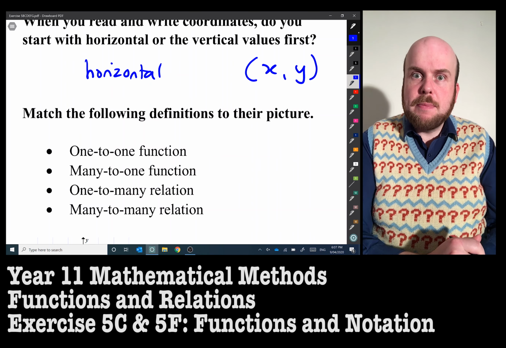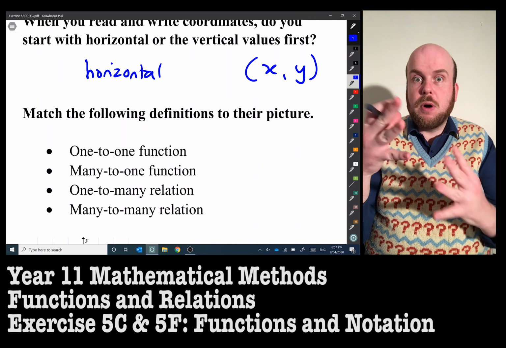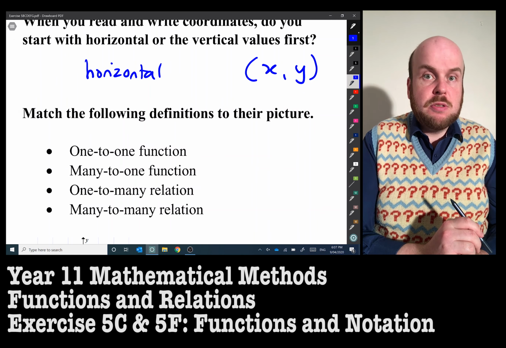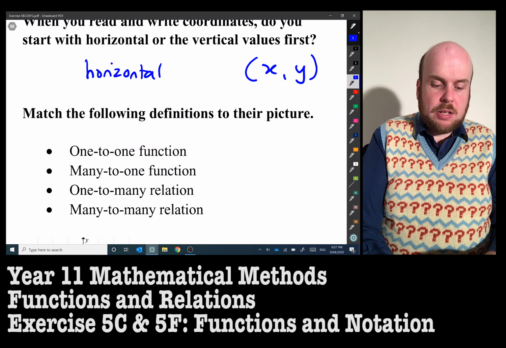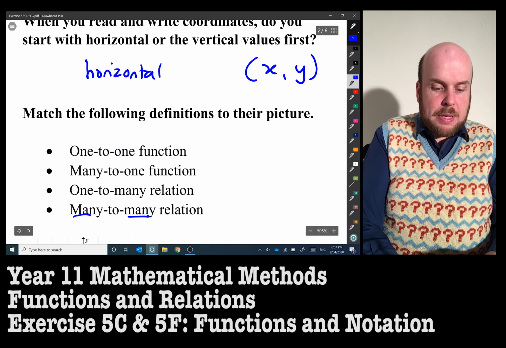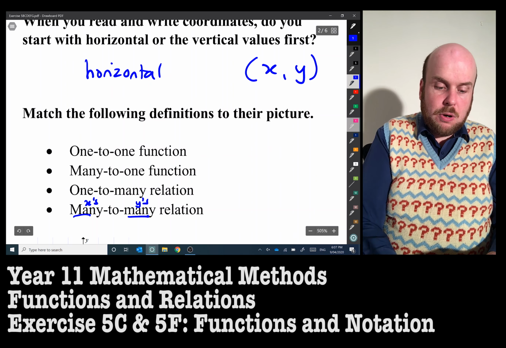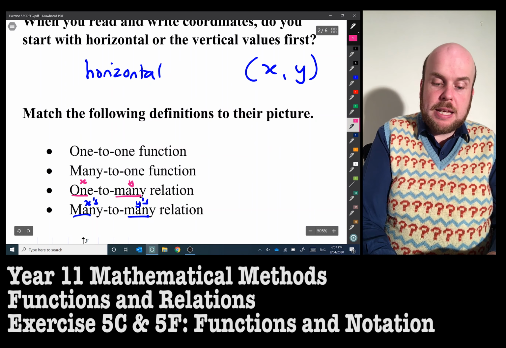Well, when we're describing graphs, we go with the x and then the y when we have the coordinate. When we name the relations and functions, we have that same attitude. When it says many to many, this would be many x's to many y's, or one to many, this would be one x to many y's.